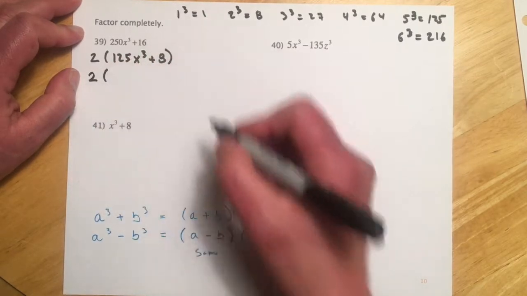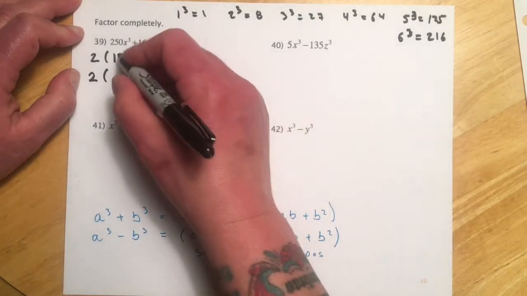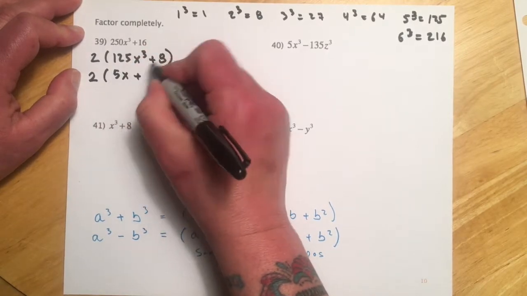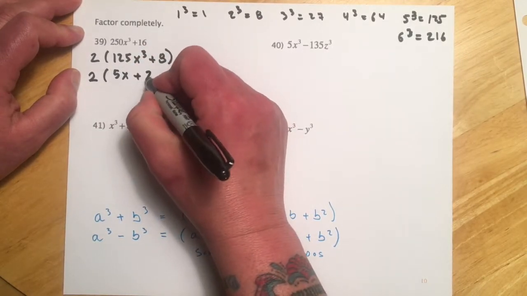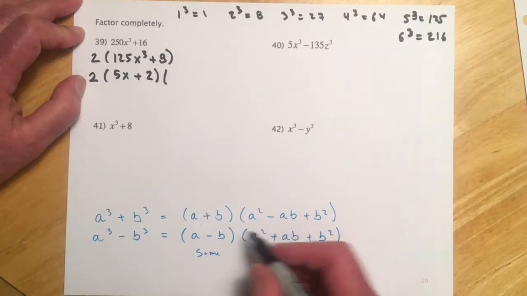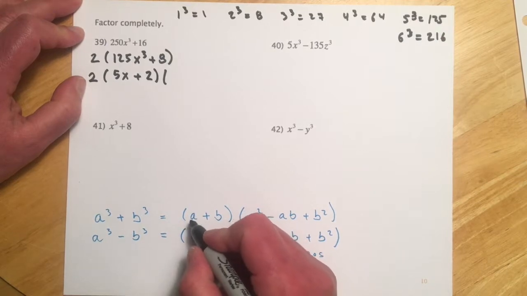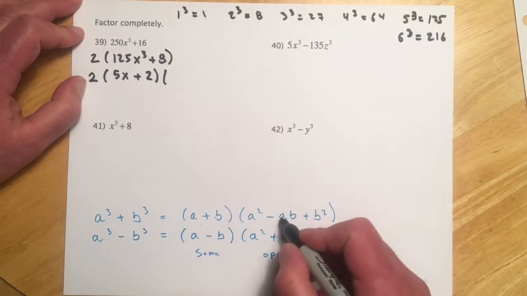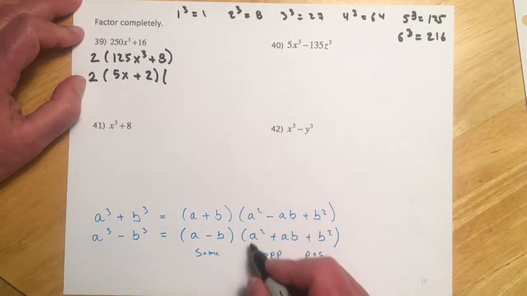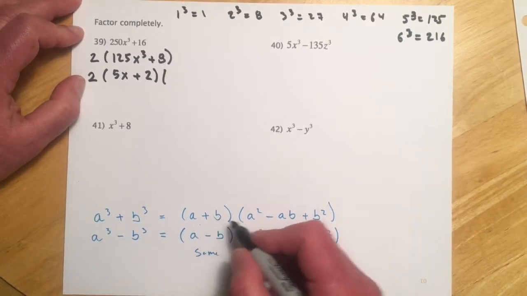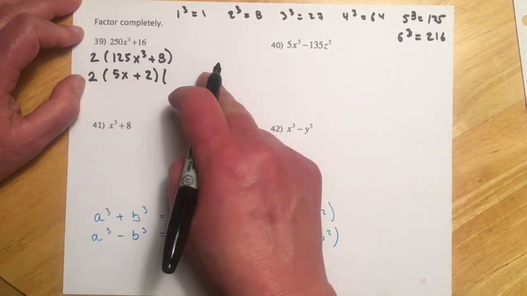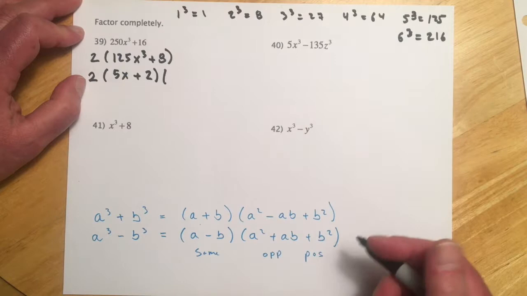So for the A and the B, what times what would make this would be 5x, and then same thing, what times what would be a 2. Then the rest of the formula fills in. A squared is this times itself. The middle is AB, so A times B multiplied together goes in the middle. And then B times B on the end.